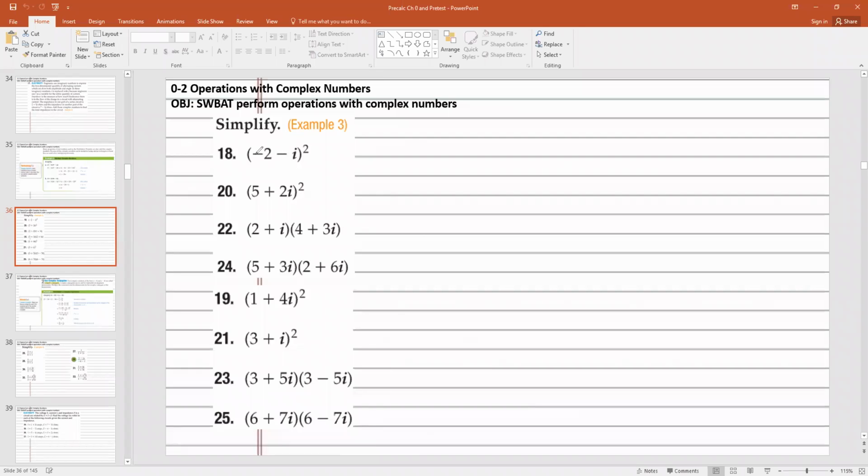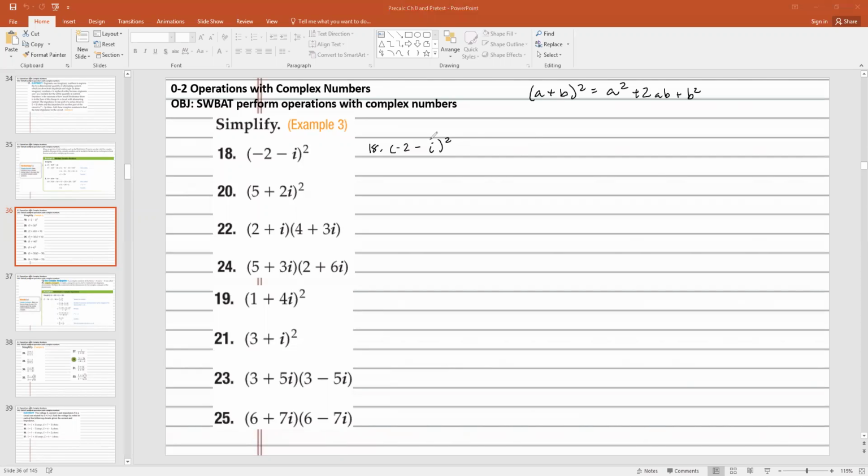So here, the first one is where we have 18. Let's do 18. Now, if you remember the formula for squaring a binomial, that's going to be a plus b squared is a squared plus 2ab plus b squared.